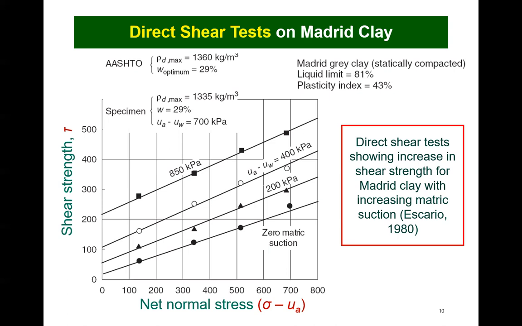The near parallel nature of the constant matrix suction contours indicated that the angle formed between matrix suction and shear strength is essentially a constant value. However, this need not always be the case, particularly when suctions vary over a wide range.